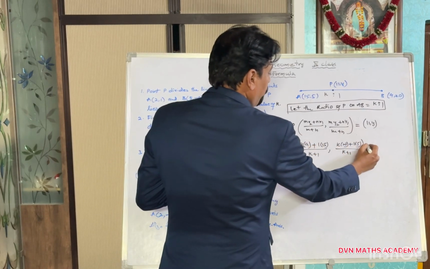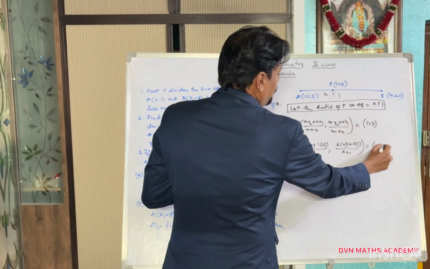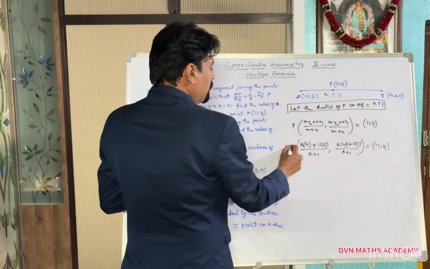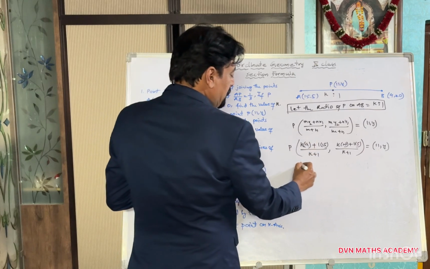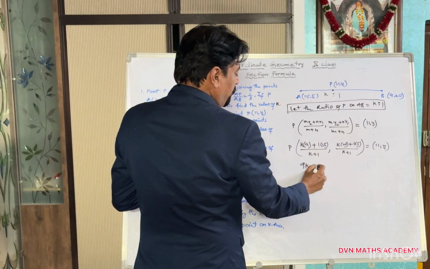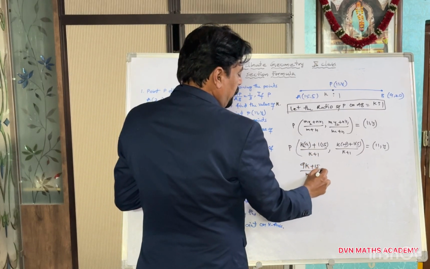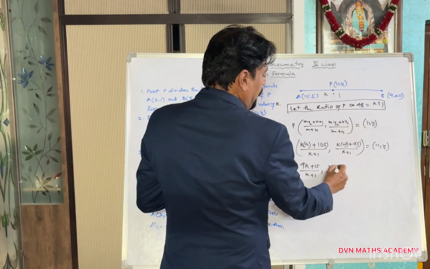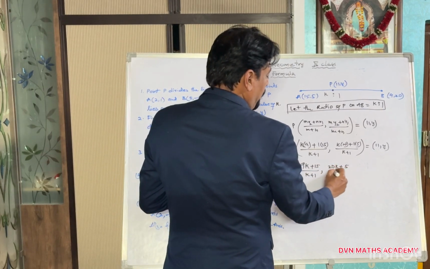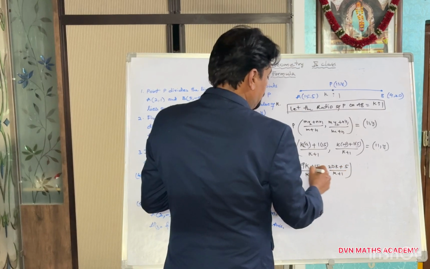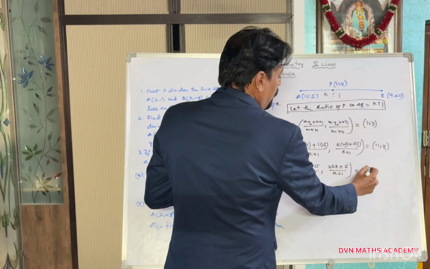So the coordinates of P are (9K plus 15) by (K plus 1), comma, (20K plus 5) by (K plus 1), and it is given equal to (11, y).